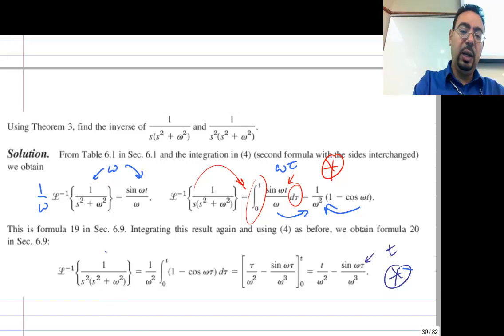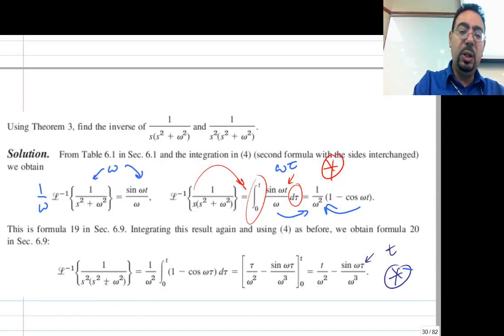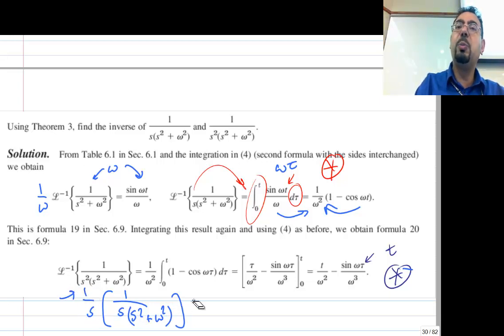First you look here and you say, if only I had my omega, so well, he will end up with this, and then that one extra s will basically turn him into this. And so he basically will look at this thing as 1 over s multiplied by everything else, and everything else has already been done here.